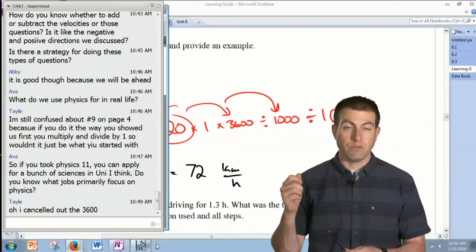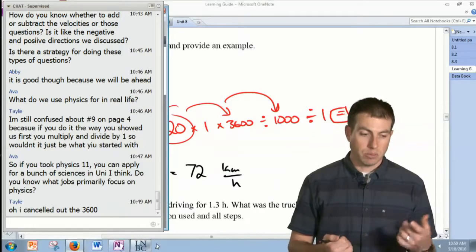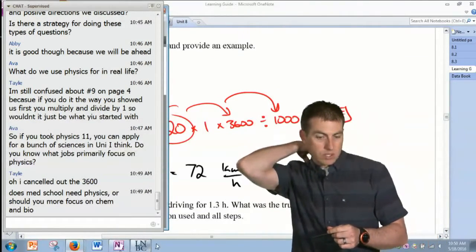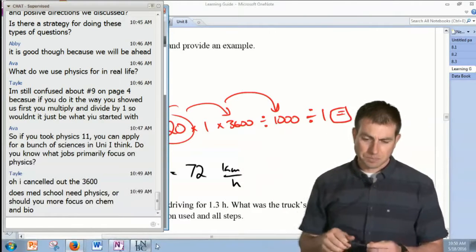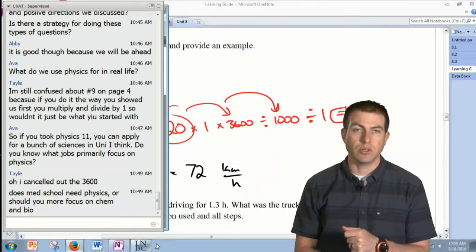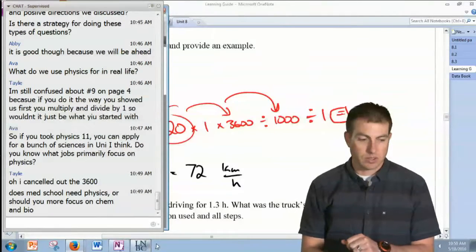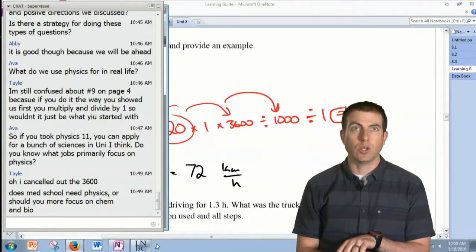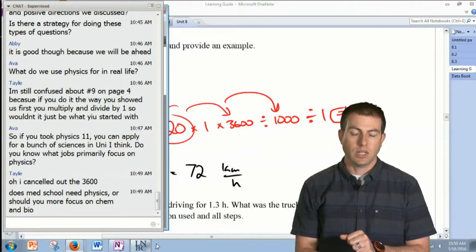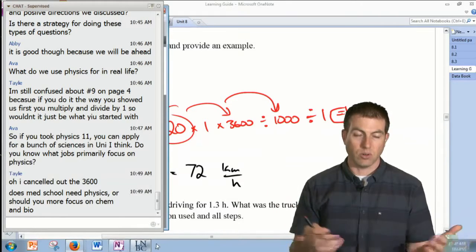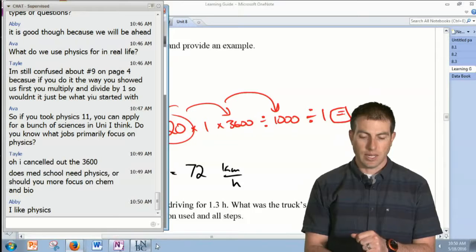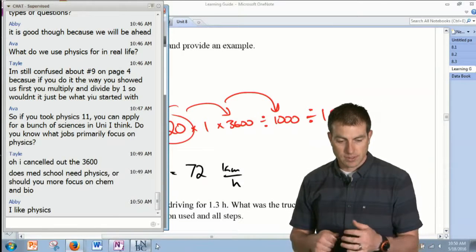If you want to think of pure physics, you could be an astronomer, so you can take astronomy type courses. Just outside of Keremeos, there's the Dominion Radio Observatory, and there's a bunch of physicists there who look at radio waves from galaxies and stars and try to learn about the universe based on radio waves and all sorts of other things.